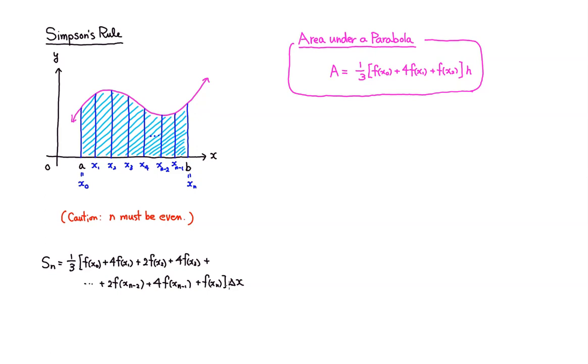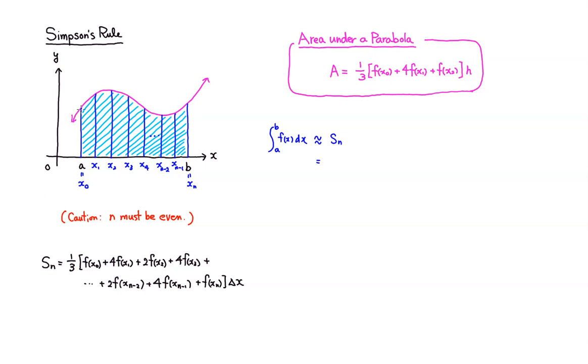All right, so let's try to derive this. We want to approximate the integral from a to b of f of x dx by Simpson's rule S sub n. We're going to pretend that the given curve is a parabola.